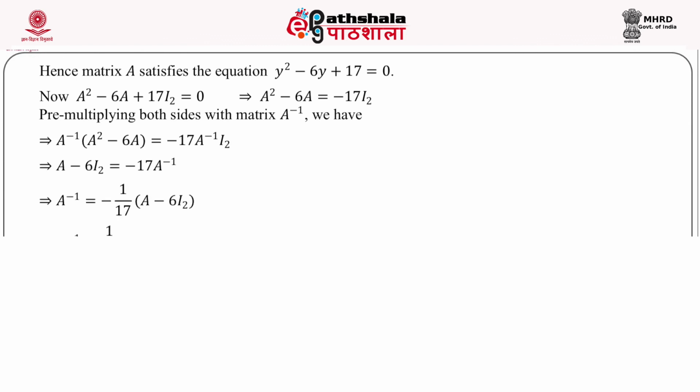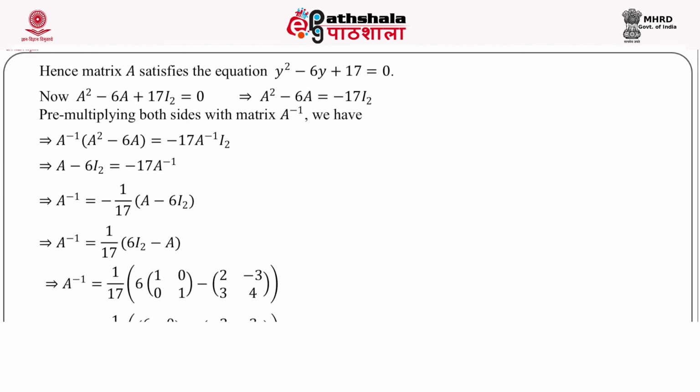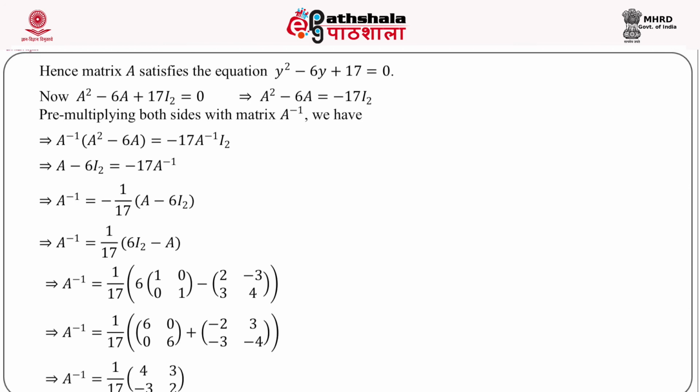Pre-multiplying both sides with the matrix A inverse, we have A inverse into A square minus 6A is equal to minus 17 into A inverse into identity matrix. On the left hand side, A inverse into A square will give A, and A inverse into A will give identity matrix of second order.